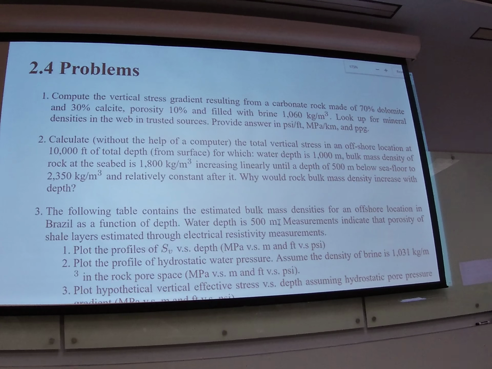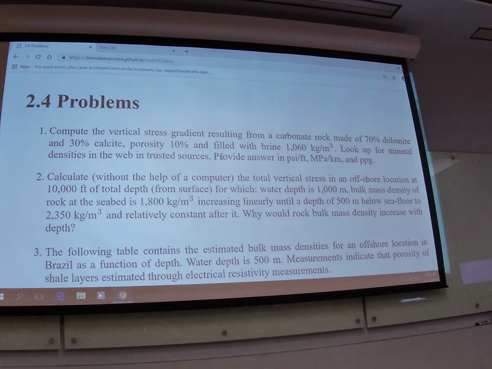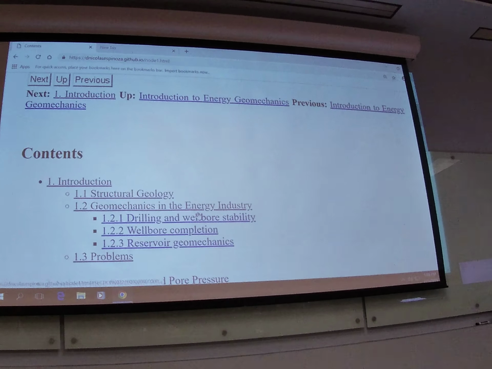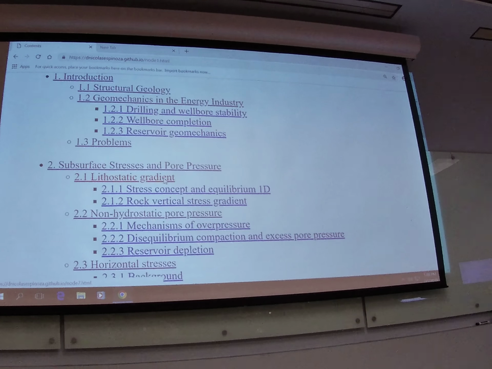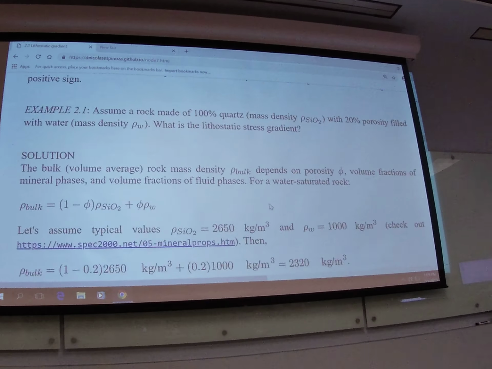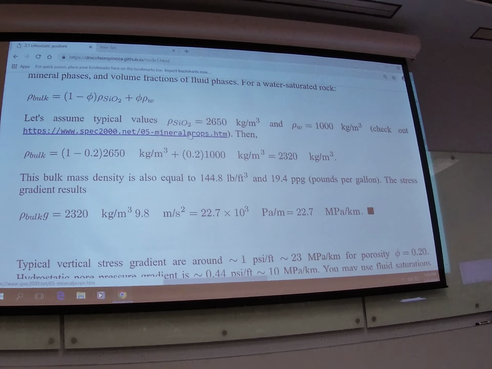Remember that all of this is online, so you can access it on your phone. Let me look for that link. Okay, here it is. This is the link, okay?